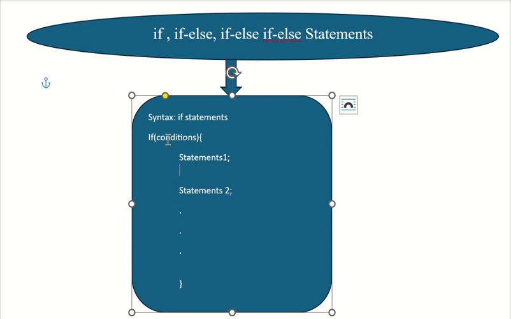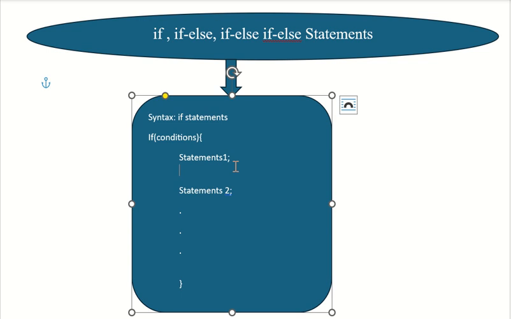So the syntax of if is: if, then the condition, curly braces open, and inside we can add whatever statements are needed for the requirement. For the condition, we already discussed operators in the previous video.